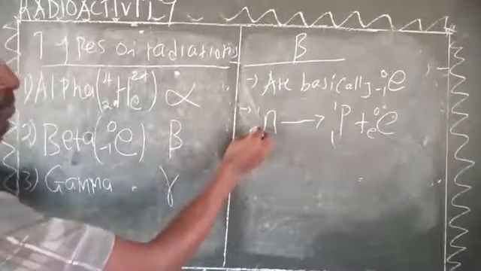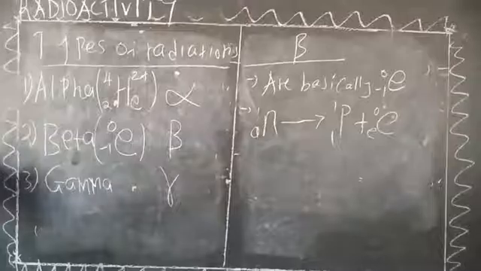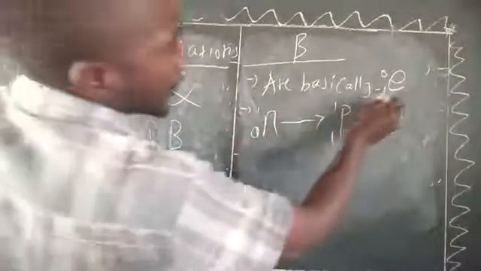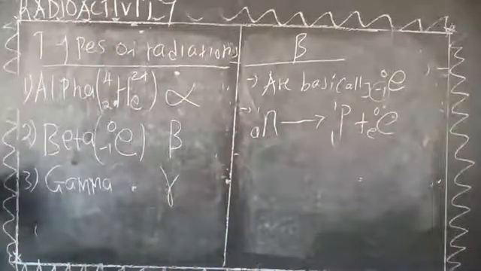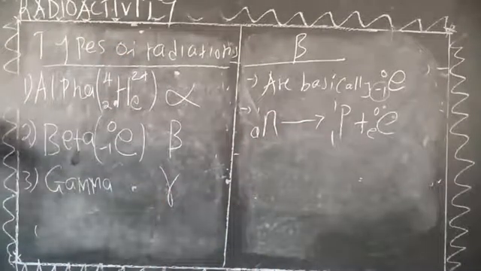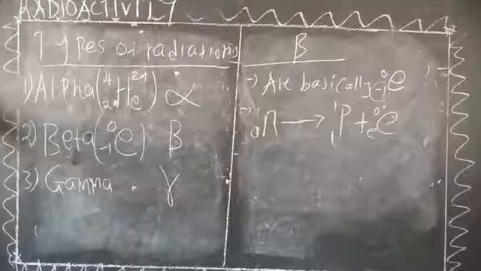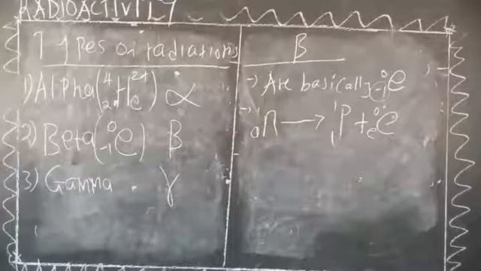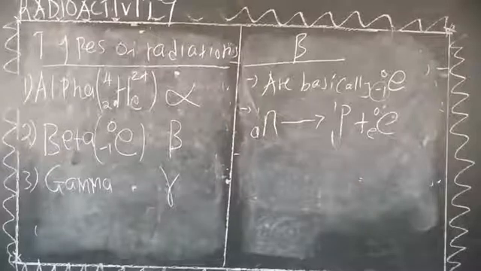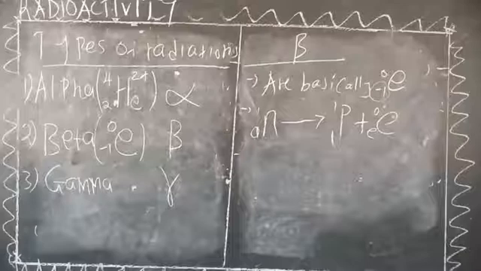This is a 0. Remember, the -1 in this electron does not represent the atomic number. It only represents the electrical charge in an electron, which is -1.